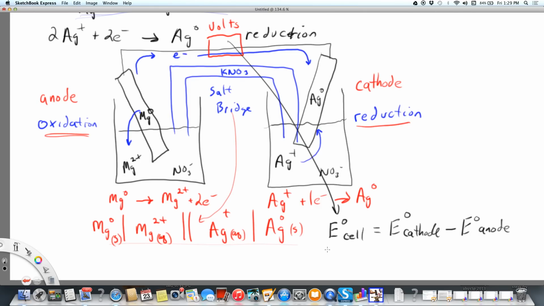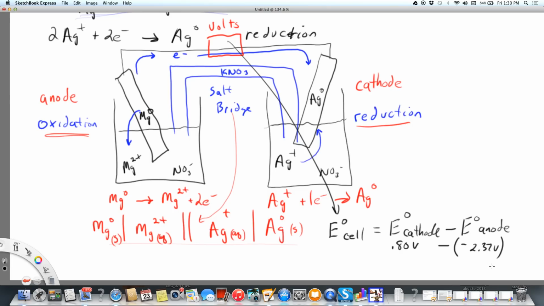So we're going to look up E0 of silver. That's going to be 0.80 volts. It's in the table in the book. And I'm going to subtract that of magnesium. Magnesium is minus 2.37 volts.